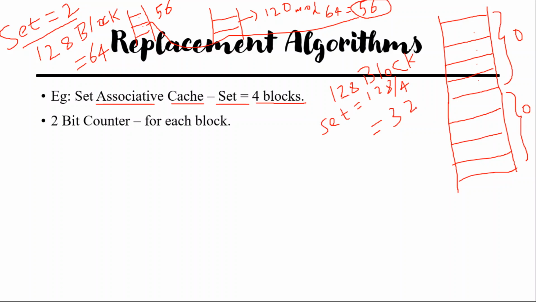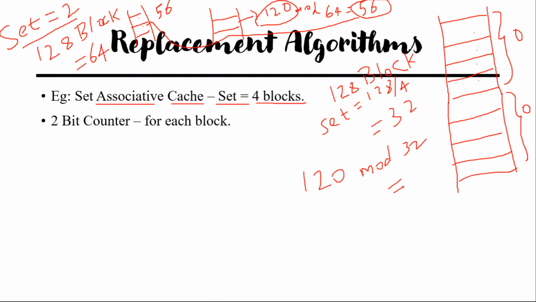Now if you want to move a particular block, say block 120, from main memory to cache, you have to modulo divide by 32. So what is 120 modulo 32? You take the remainder, and it will go to that particular set.